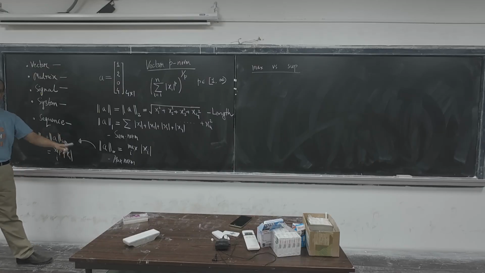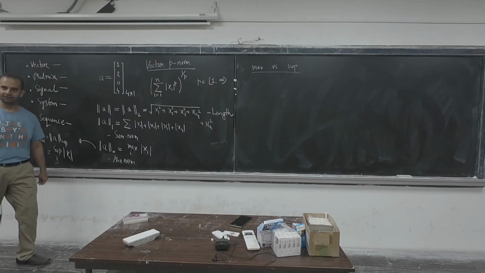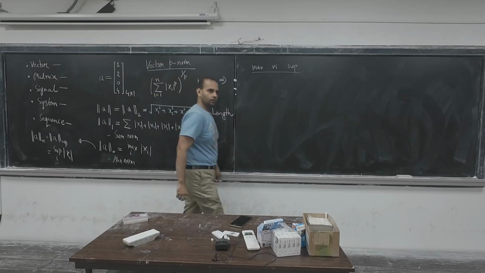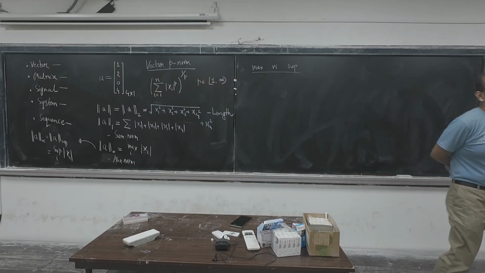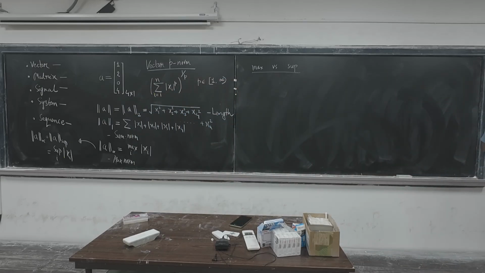Whether you write max or supremum, for finite dimensional vectors they will give you the same result. That doesn't mean that maximum and supremum are the same thing. Think and tell me, what is the difference between maximum and supremum?